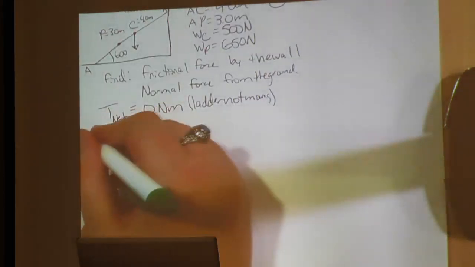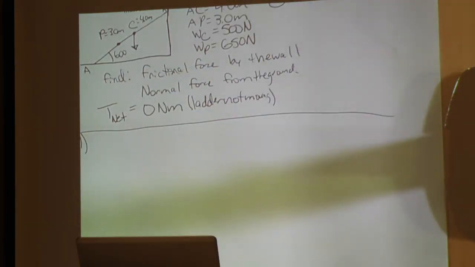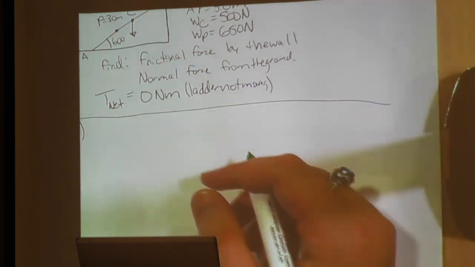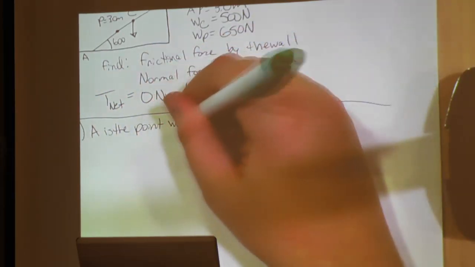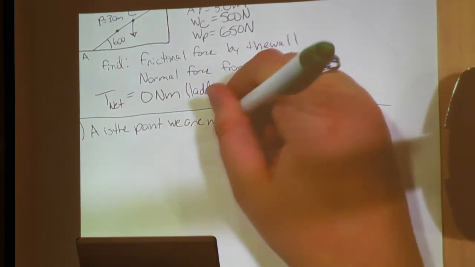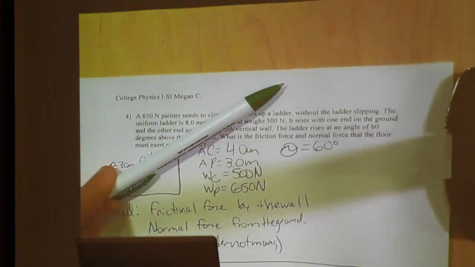So now we're going to try to find the forces being applied by using torque. In the first case, we're going to assume that A is the point that is not moving, so we are moving around point A. If we're moving around point A, which force are we solving for?